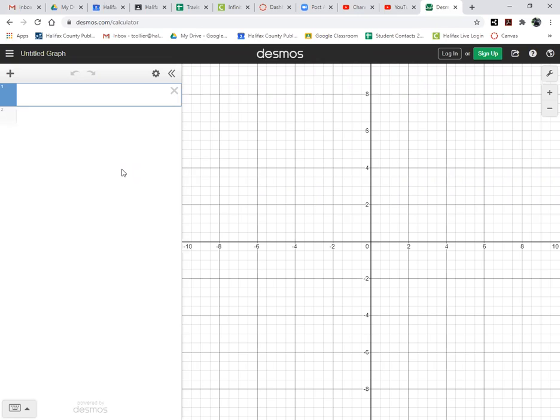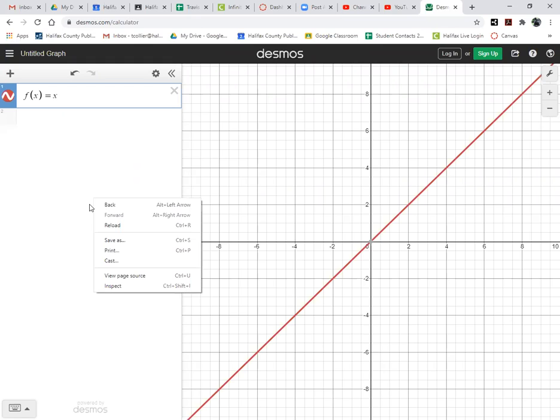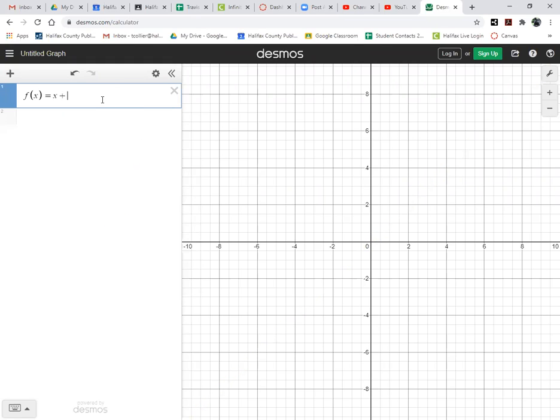I'm going to let f of x be equal to, okay, what's on top? x plus 1, right? So that's what that looks like. And I'm going to put this in parentheses because I'm going to divide everything by something.